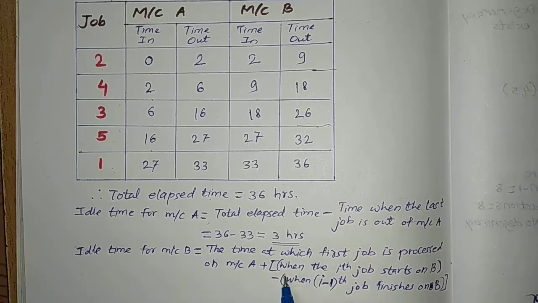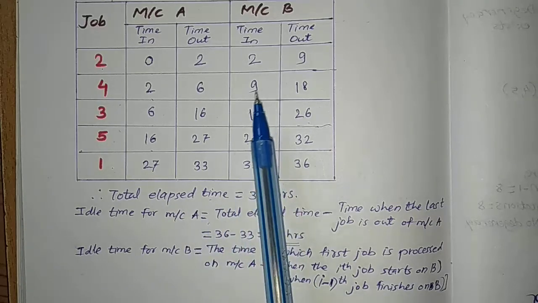That is nothing but the idle time for machine B. So how to calculate the idle time of machine B for the remaining jobs? It is when the ith job starts on machine B minus when its previous job finished on machine B. That means unless and until the previous job is finished on machine B, it cannot start the next job for processing. So this calculation we have to do for each of the jobs on machine B, so that we will get the idle time for machine B.